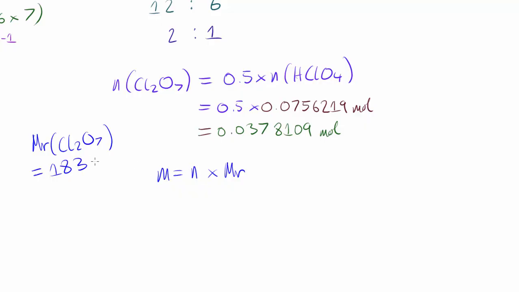So what we can do is simply say that the mass is equal to 0.0378109 multiplied by 183, and that is going to give us our mass.